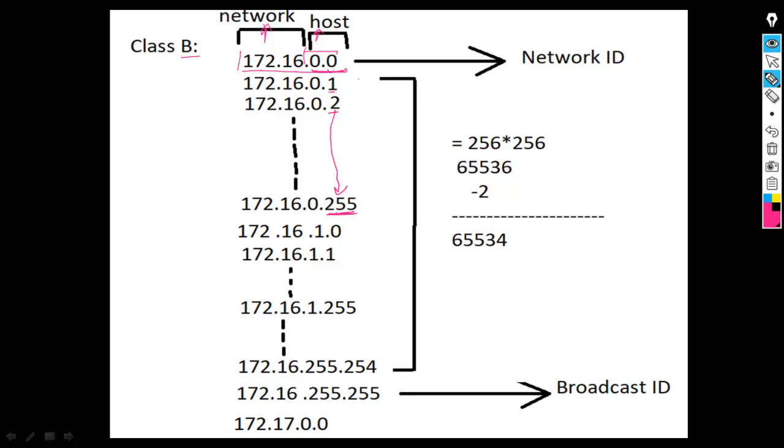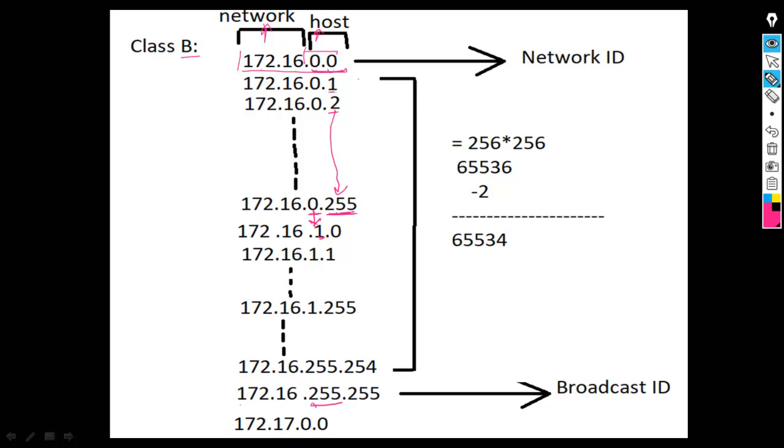And now because our last octet is full, our next IP will be 172.16.1.0. So now we will change in this octet and this value will go on till 255, and this will go on till 172.16.255.255.